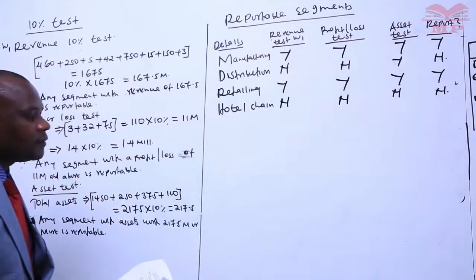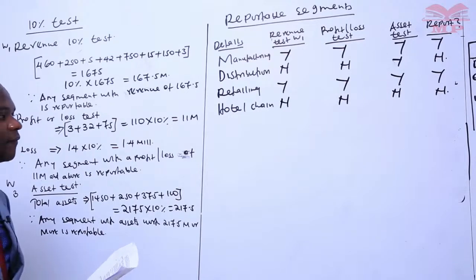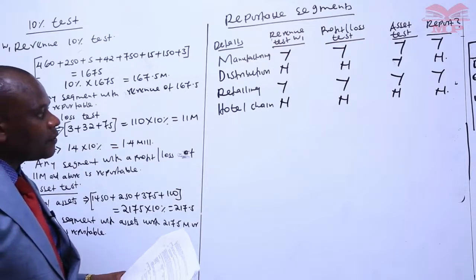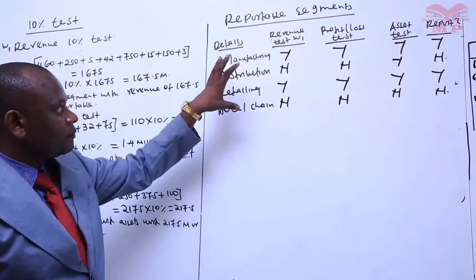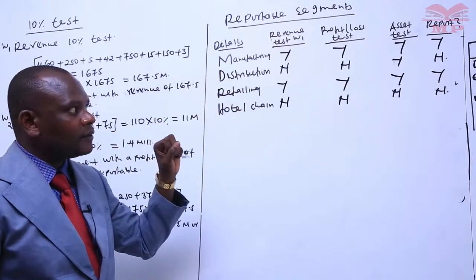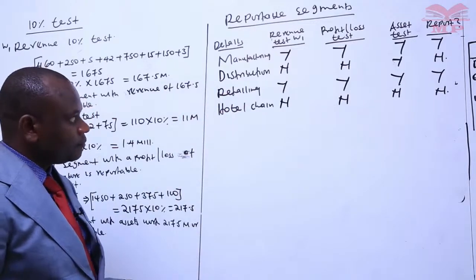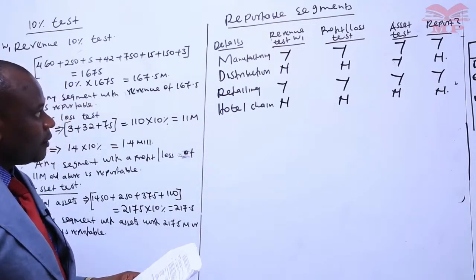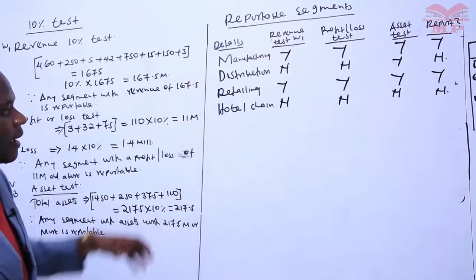Now, we can't finish that question without looking at the 75% threshold. That is, the segments that are reportable. Is their revenue 75% or more if compared to the total revenue that they have?